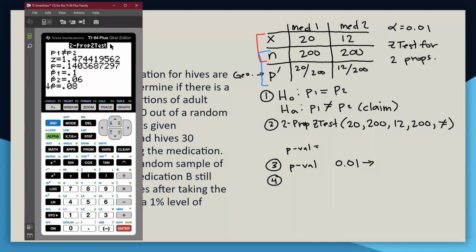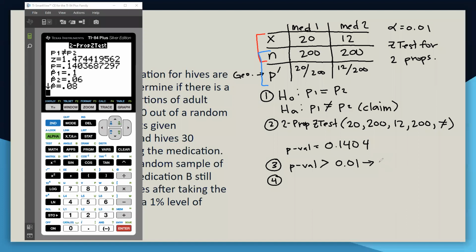And then we hit calculate and we get a p-value. That's that third value down of 0.1404. 0.1404 is more than 10 times that alpha value. So p-value is greater than alpha.